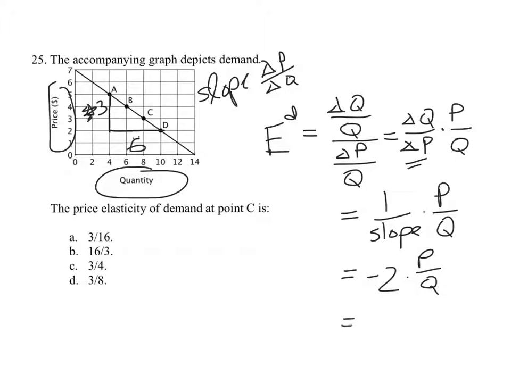But price over quantity, let's look at what point I'm looking at. Point C. So price is 3, and quantity is 8. So we're left with negative 2 times 3 is negative 6. Negative 6 over 8, which is equal to negative 3/4.